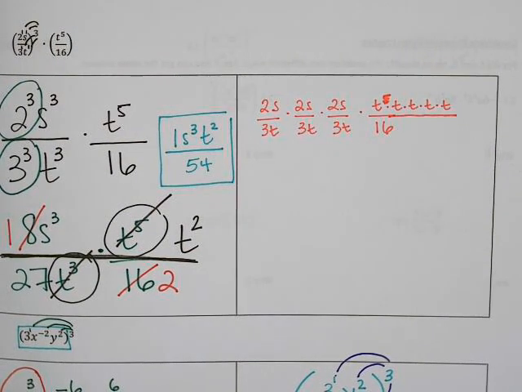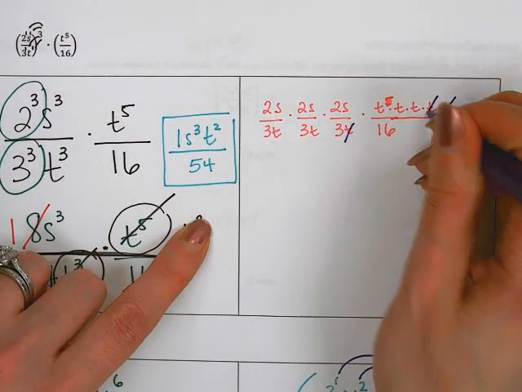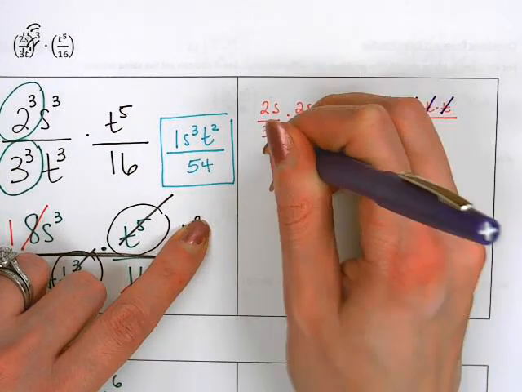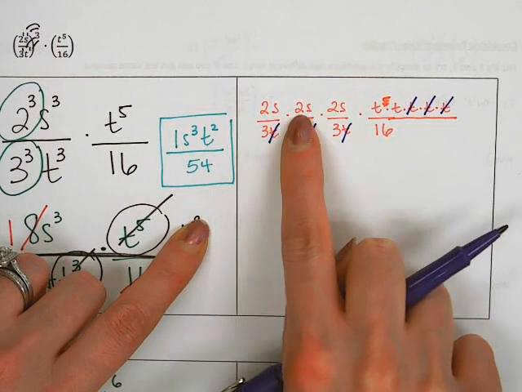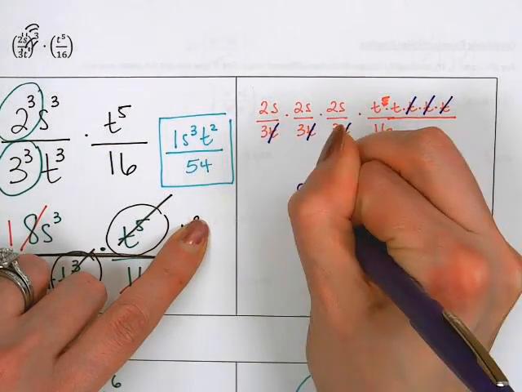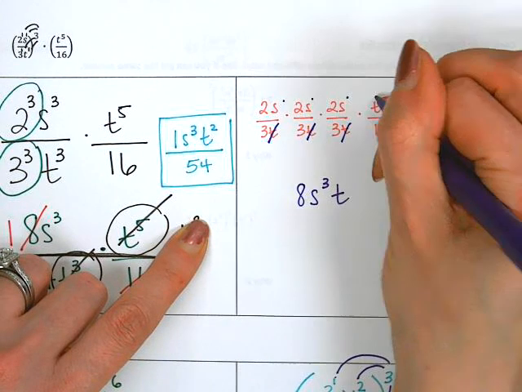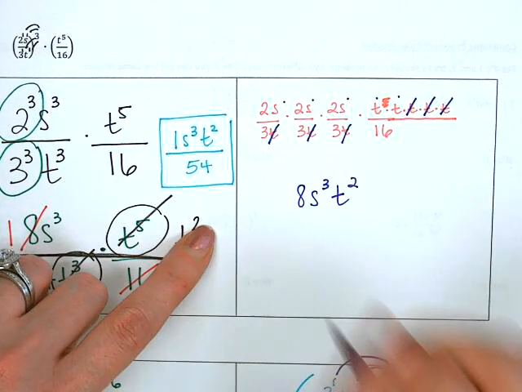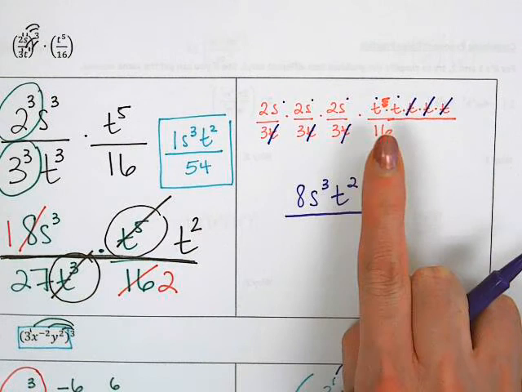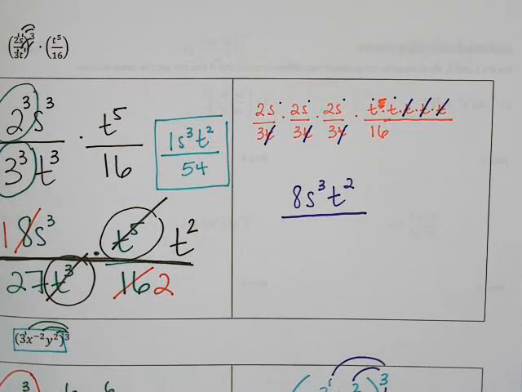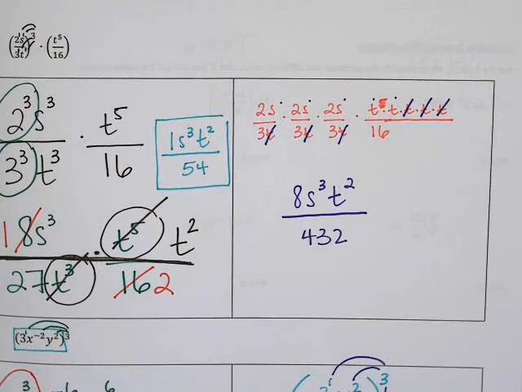Okay, guys, let's see what we got here. So these t's cancel, these t's cancel, these t's cancel. So on top we're left with 2 times 2 times 2 is 8. We have 3 s's and 2 t's, and on bottom 3 times 3 times 3 times 16 is 432.